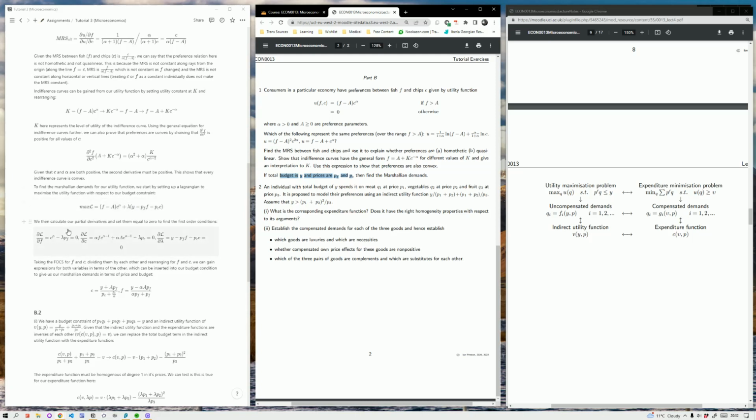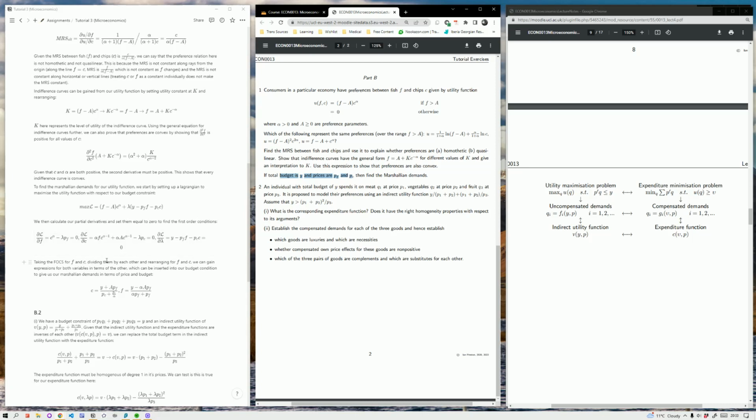In order to find the utility-maximizing values of fish and chips, we're going to need to take the Lagrangian with respect to fish, chips, and lambda. By doing this, we just get the first order conditions, which are going to be equal to 0, of course.